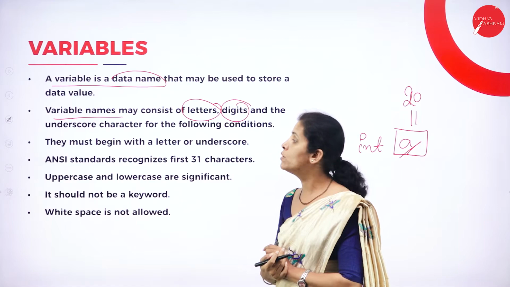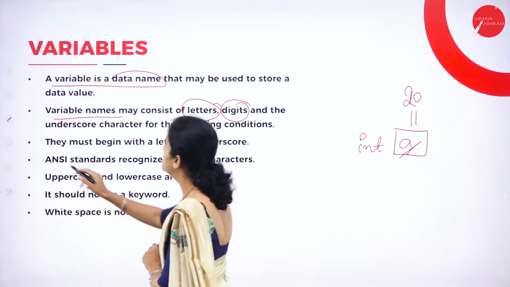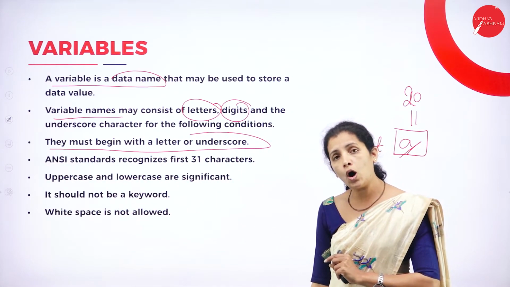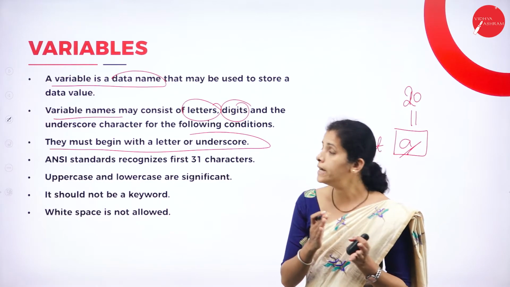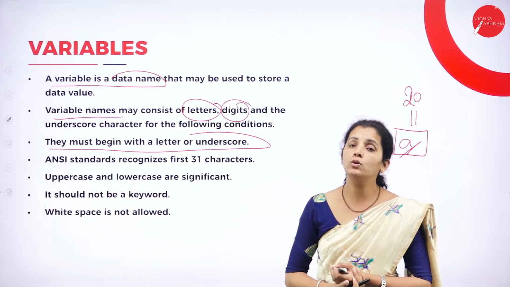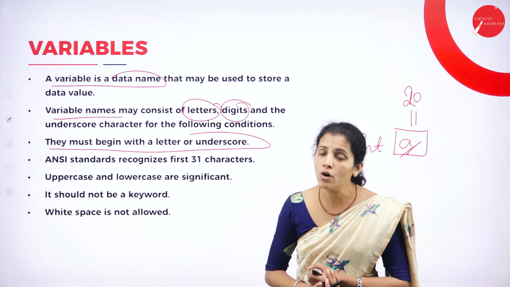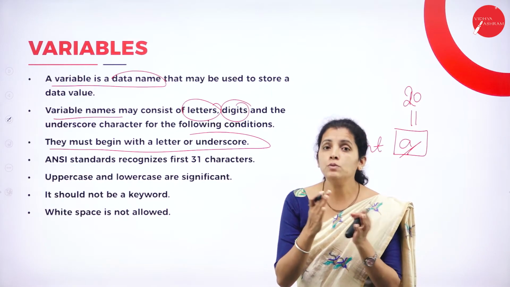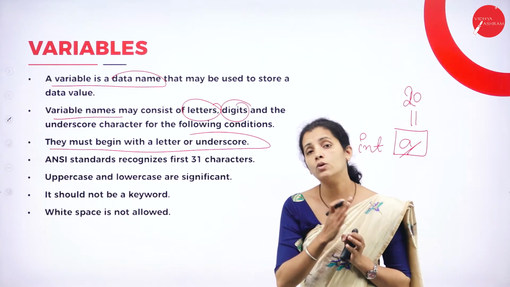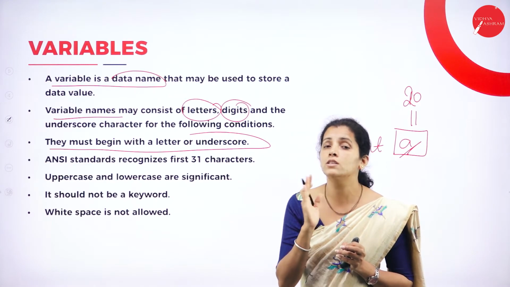Along with that, I want to follow certain rules. So what is my first rule? The variable name must begin with an underscore or a letter. So dear student, if I consider the second rule, I can consider the ASCII standard. That means I can make use of small letters a to z and capital letters A to Z, along with digits 0 to 9, and the underscore.